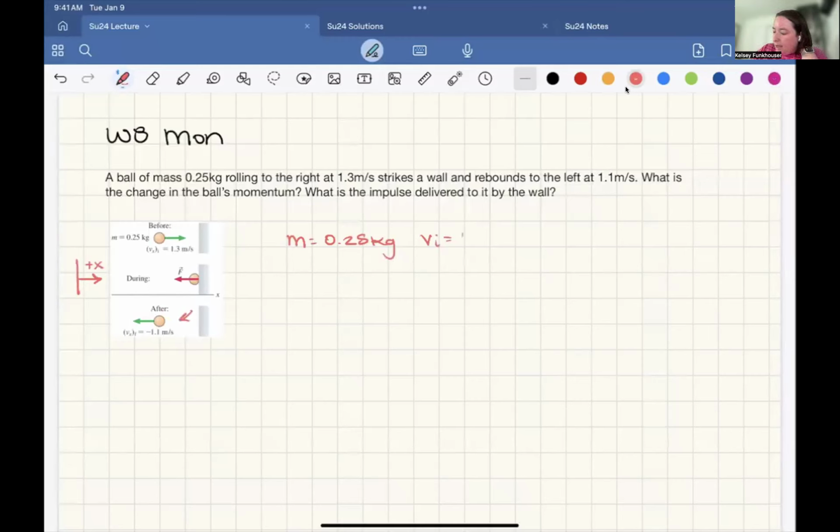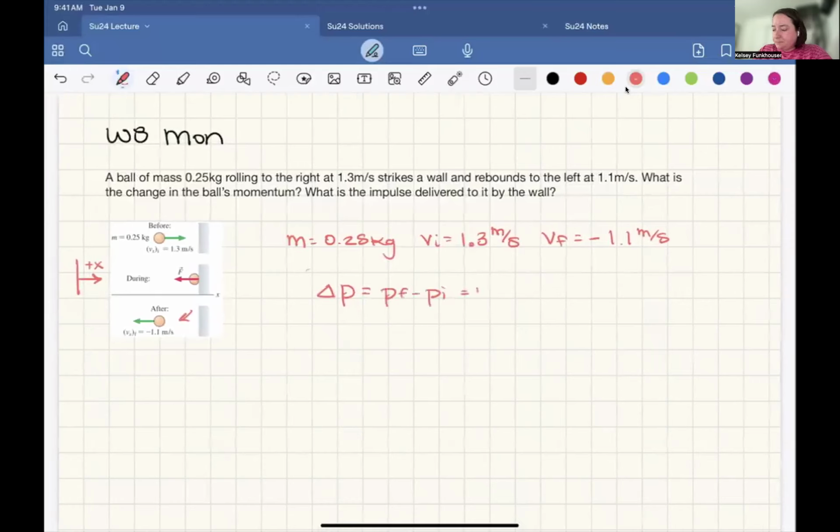So we have an initial of 1.3 meters per second, and our final is negative 1.1 meters per second. Then let's write some of the equations we know. So change in momentum, which is what we're looking for, is the final minus the initial.